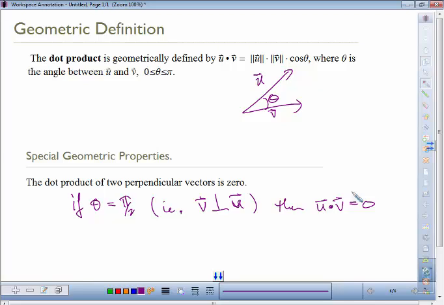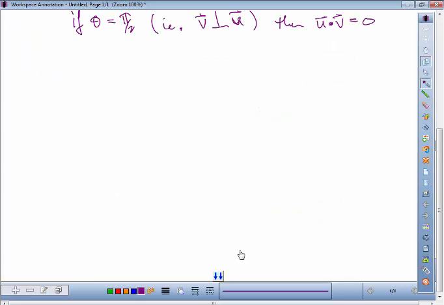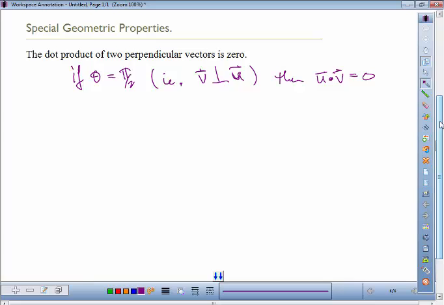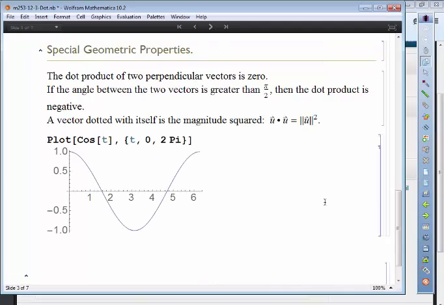Now, there's a couple more in my list of special geometric properties, and one of them has something to do with the angle being bigger than pi over 2. So the next important piece of information would be if the angle is greater than pi over 2.